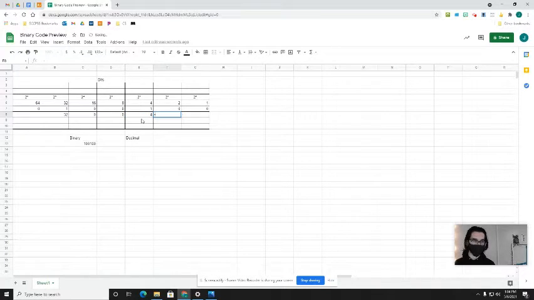We can put those zeros in. And so we have 32 plus 4 equals 36. So we can understand that the binary number 100100 equals our 36.